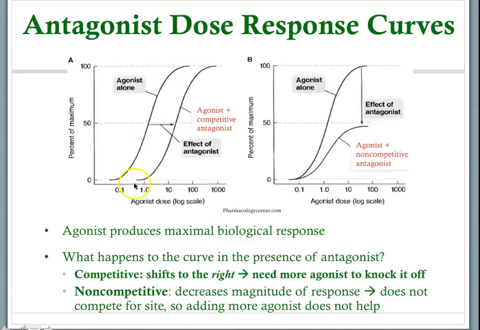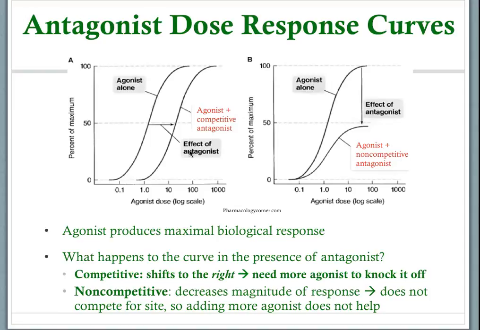Now we can take different wells that contain the same types of cells. We're going to add the same type of agonist at the same concentrations, but we're also going to include an antagonist, and in this case, a competitive antagonist. So the competitive antagonist, remember, is going to compete for the same binding site as the agonist. So what does that mean?